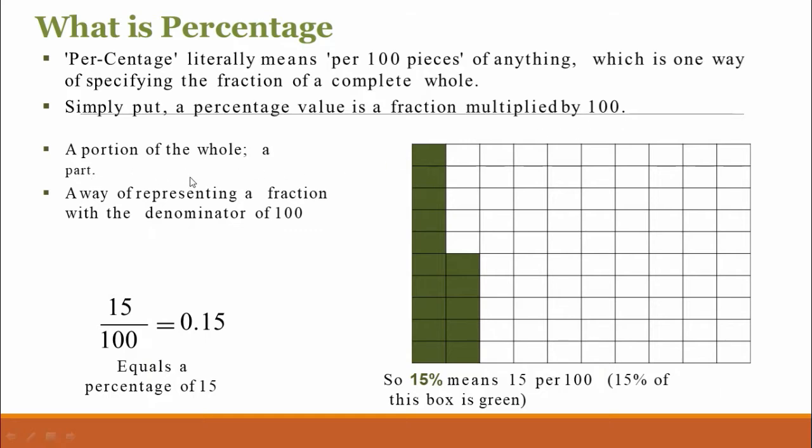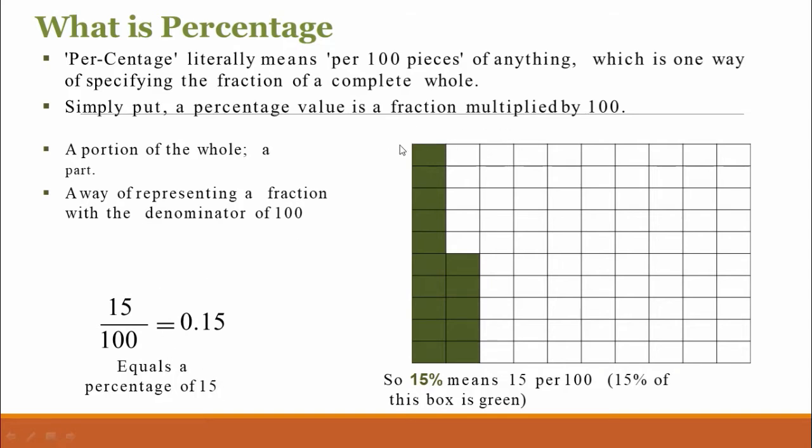It is a portion of the whole, a way of representing a fraction with a denominator of 100. So 15 by 100 is the fraction form, and 0.15 is the decimal form. 15 by 100 is equal to 0.15, which equals a percentage of 15.